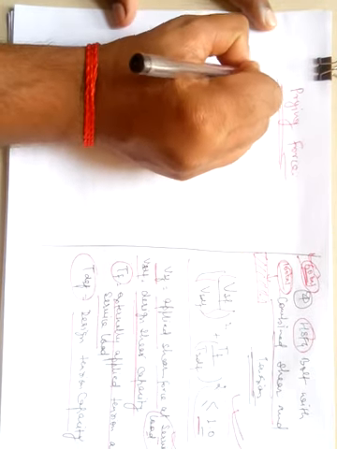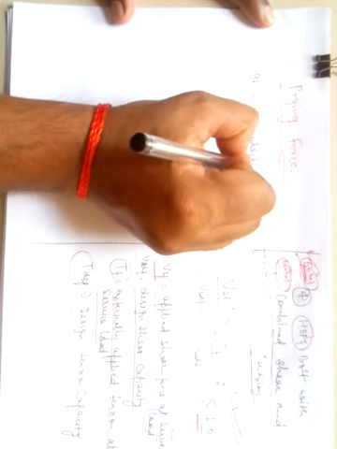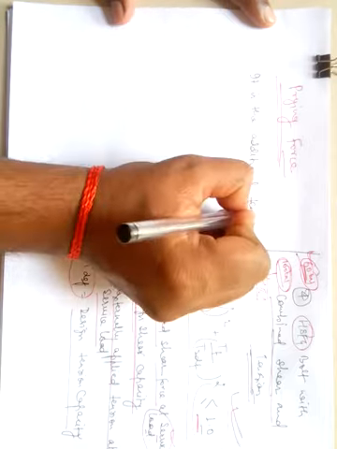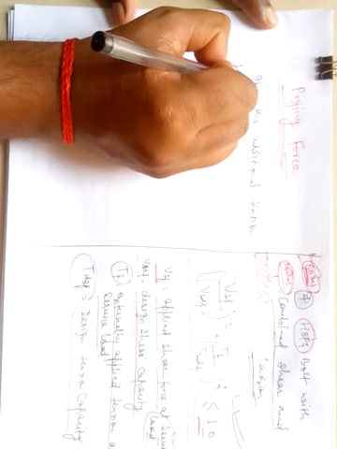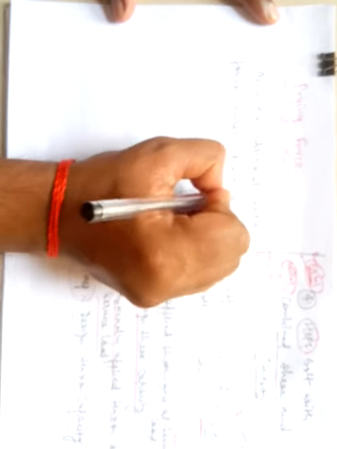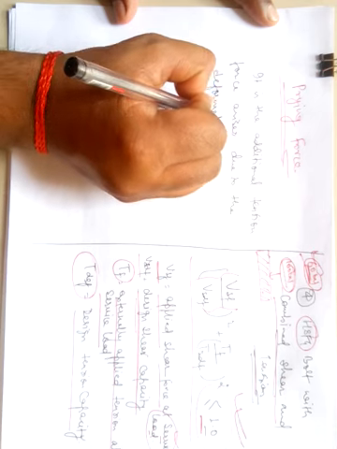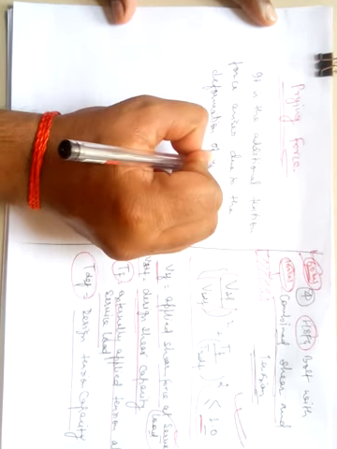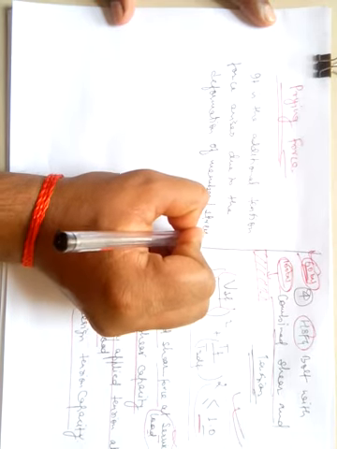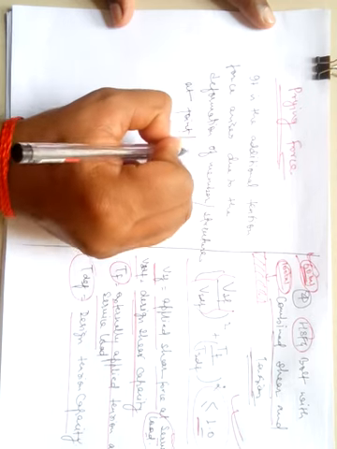It is the additional tension force that arises due to the deformation of the member or structure at joints and connection.